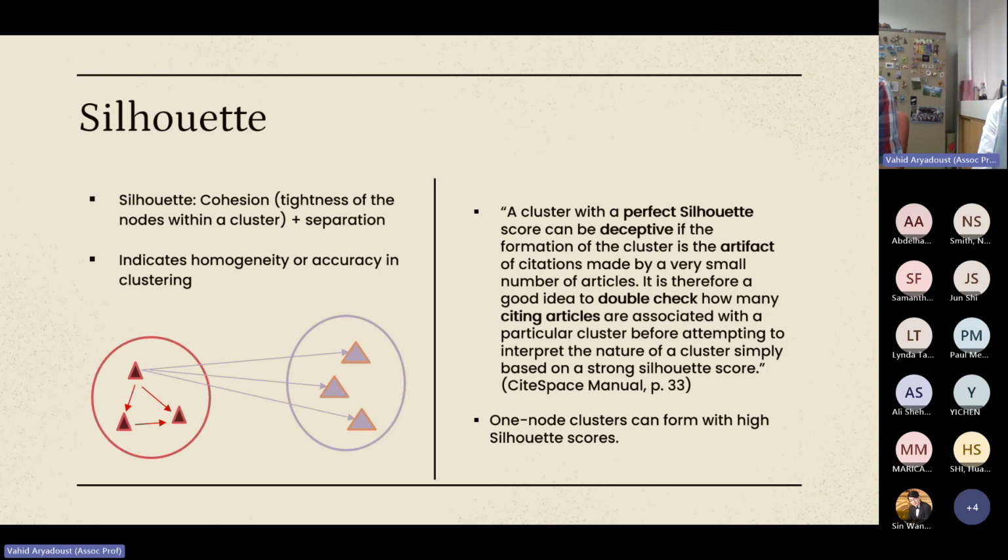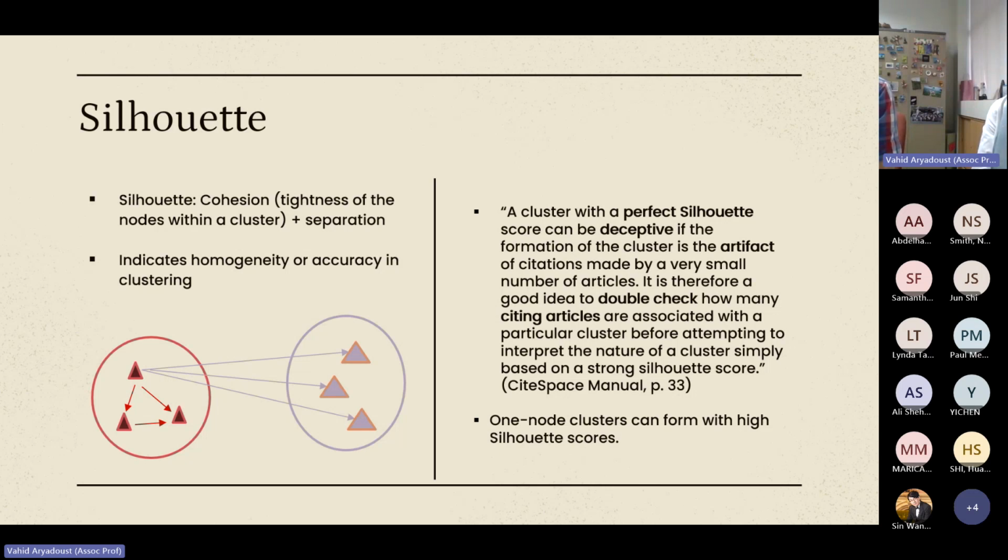It also goes by the word cohesion. So if your cluster has tightness, those publications that appear in a cluster have a lot in common with each other. And by a lot in common, I basically mean that they have co-cited a lot of papers together. That's the cohesion or tightness of clusters on their own.